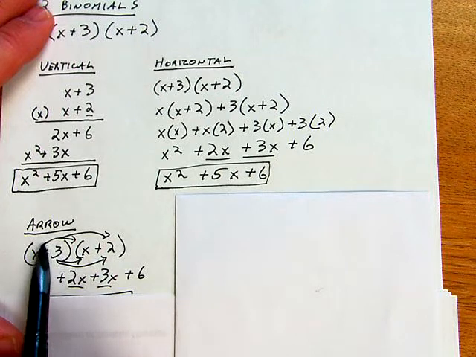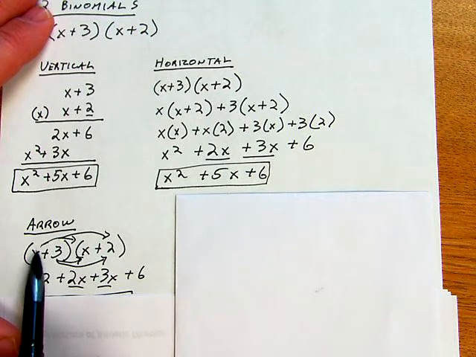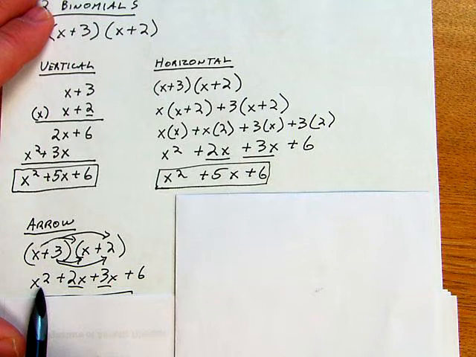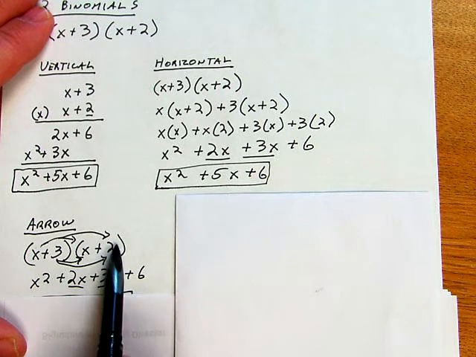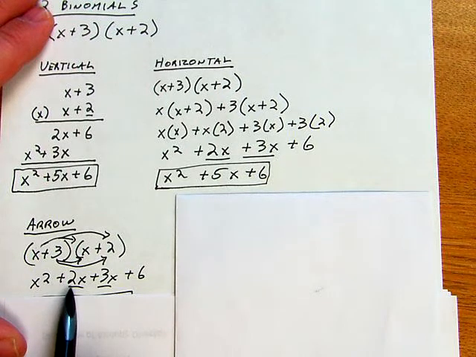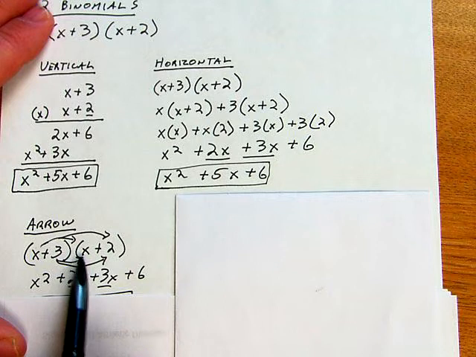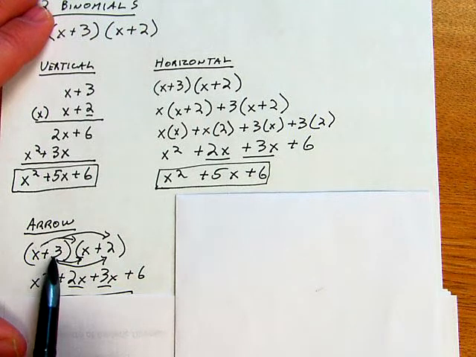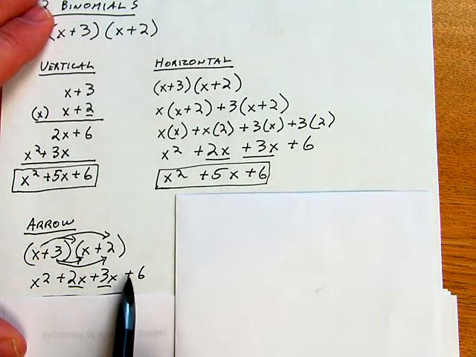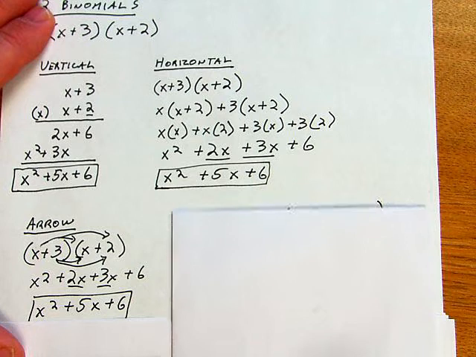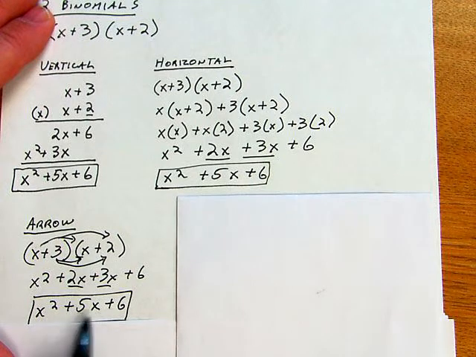As we do the arrow, we see what's being multiplied. X times x gives us x squared. X times 2 gives us 2x. 3 times x gives us 3x. 3 times 2 gives us 6. And when you add those all together, you end up with x squared plus 5x plus 6.